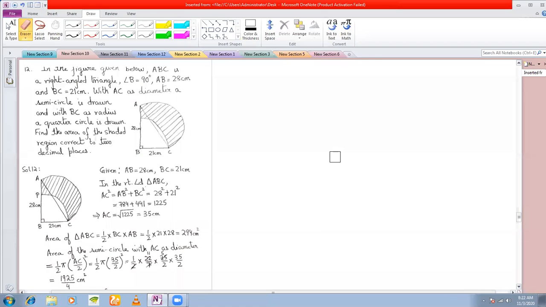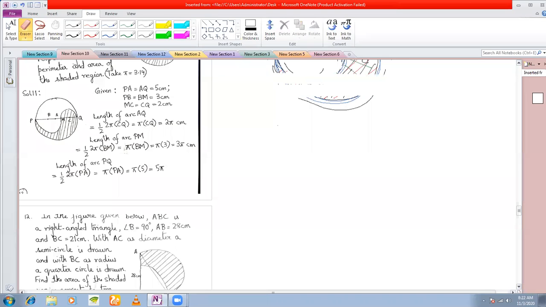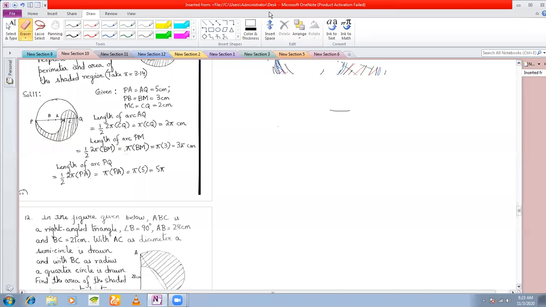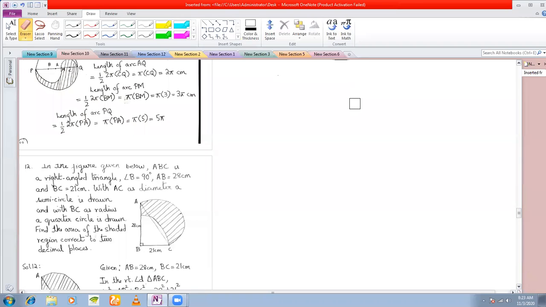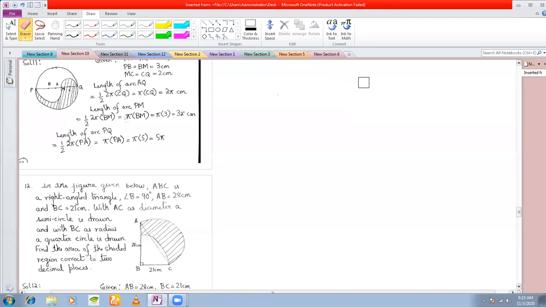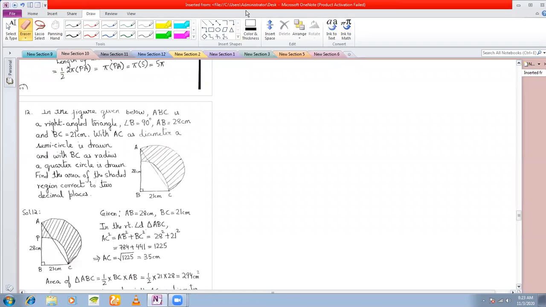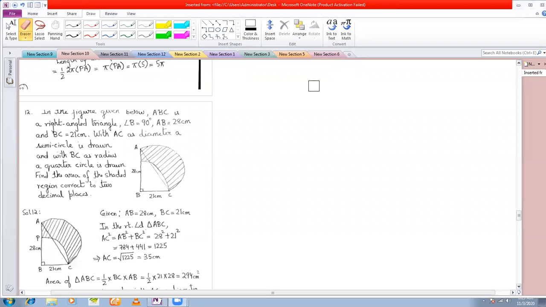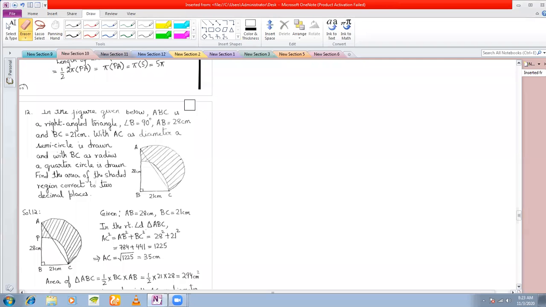Sir, area of the semicircle AC, with diameter AC, minus the area of the quadrant BC.